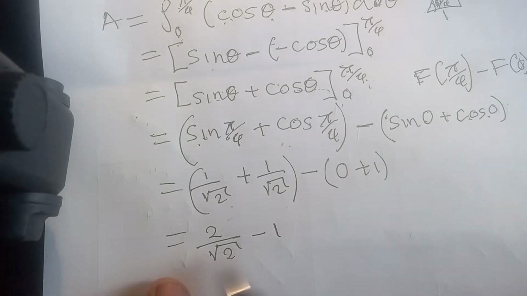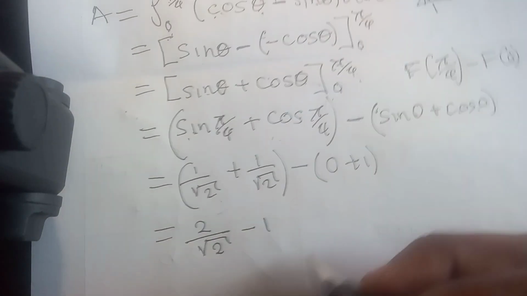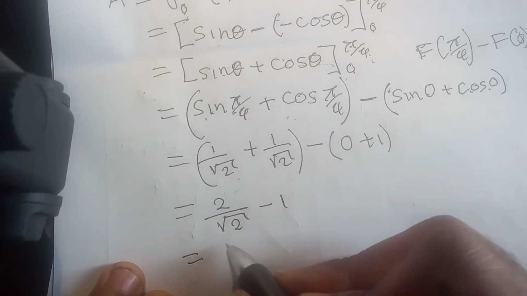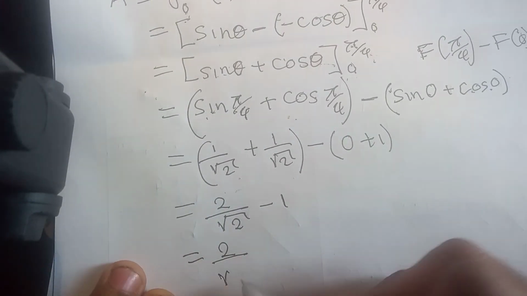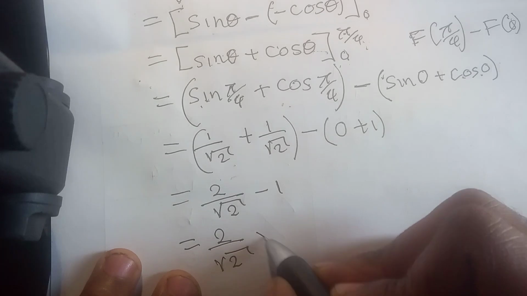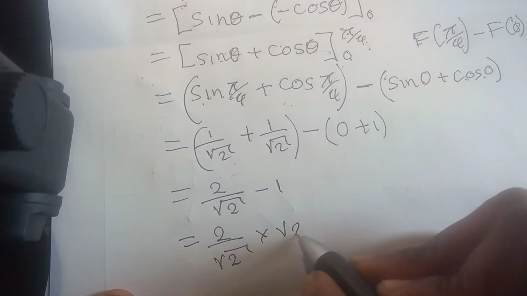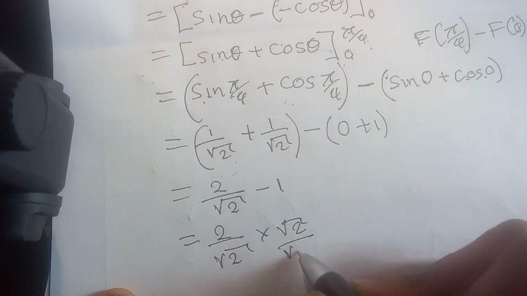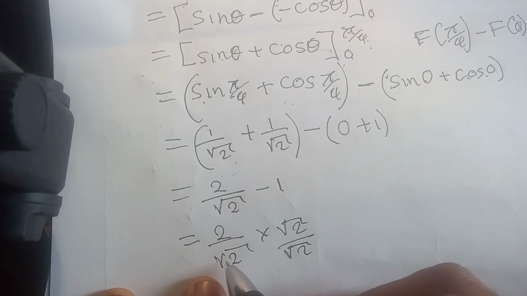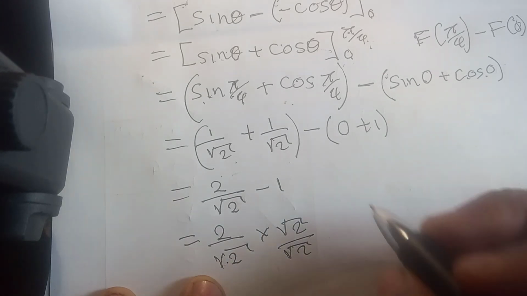So you can either leave it like this or rationalize this. To rationalize, I know this may not be familiar to most of you, but this is what it means. To rationalize is to get rid of the radicals in the denominator, so you just multiply by this.